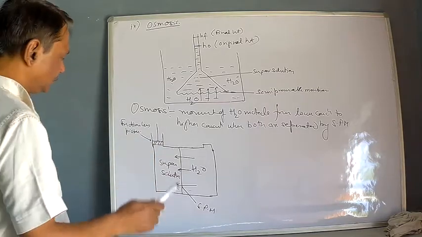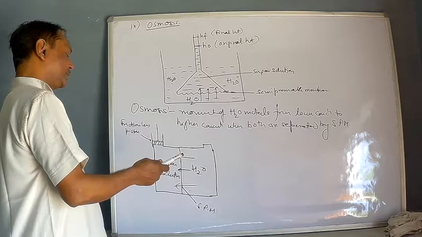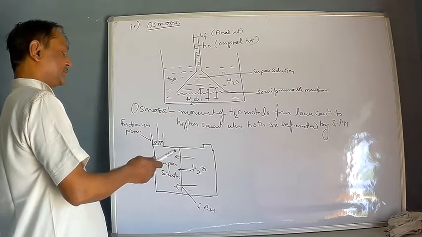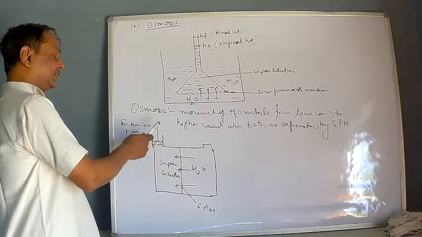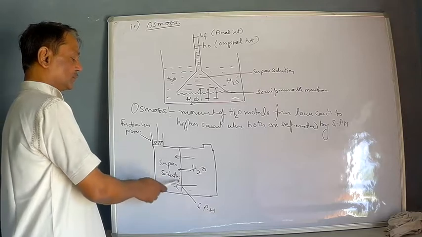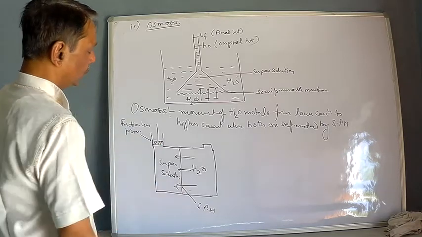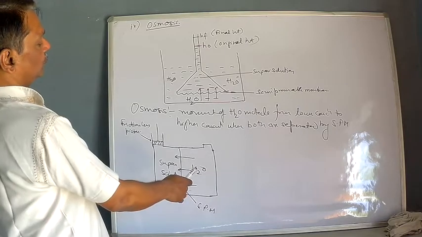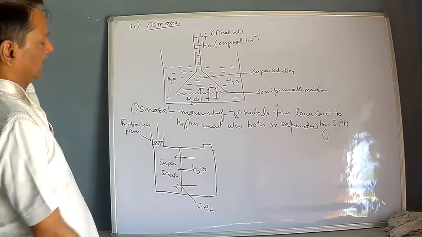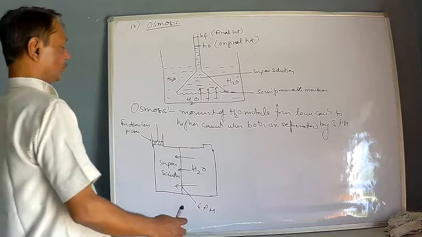Osmotic pressure is defined as the minimum mechanical pressure applied on the sugar solution side, which is just sufficient to stop the movement of water molecules entering from lower concentration to higher concentration. That is your osmotic pressure.